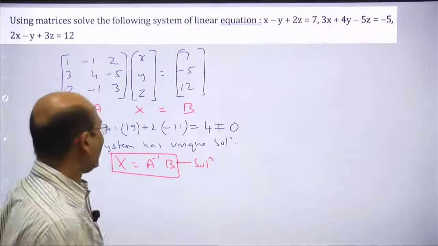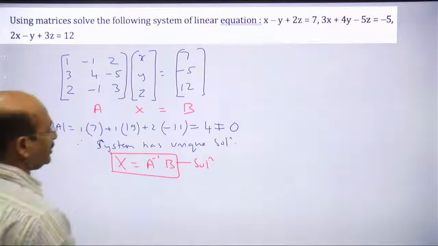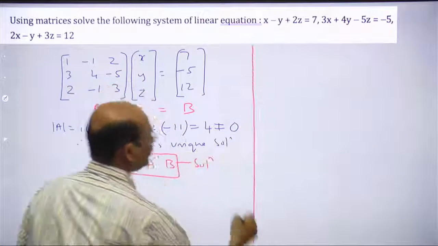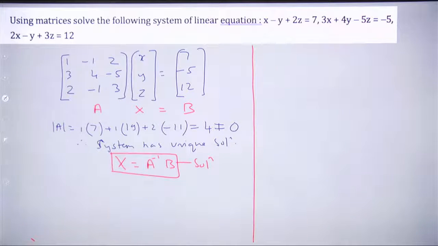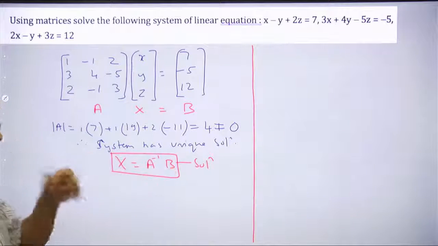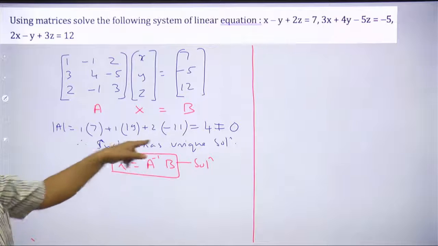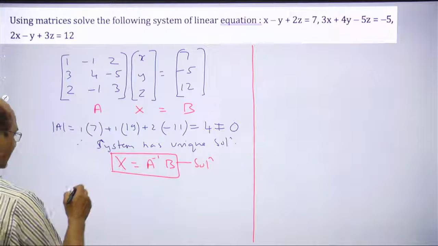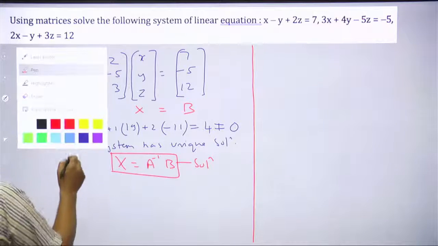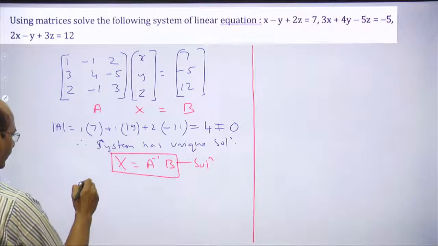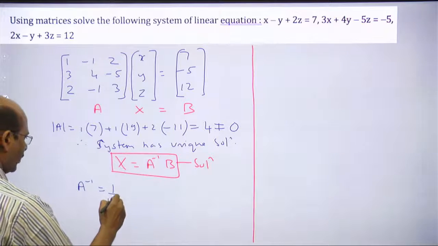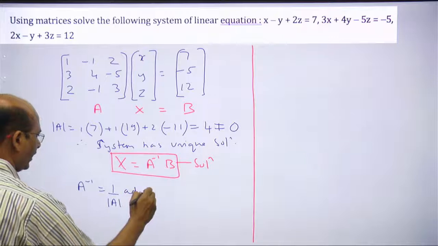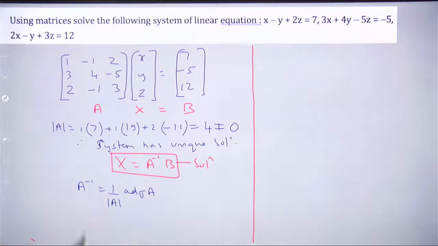Right. Okay, now I think I had made my point clear here. We have to work a lot here, right? X equals A inverse B. That means I need to find A inverse. The determinant I had already found. So in this case, you all know that A inverse is equal to 1 upon determinant A into adjoint of A. Can I get adjoint A?